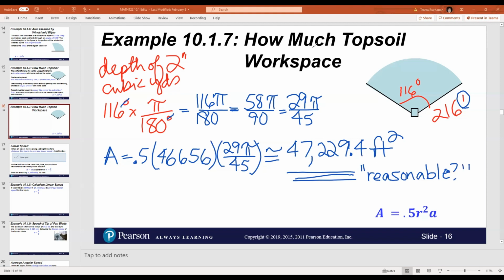And since I'm not terribly familiar with things of that size, neither are you, to say, oh yeah, 47,000 seems about right, most of us would not be able to say that. So I double check the calculation. That's the thing, you should be doing that.